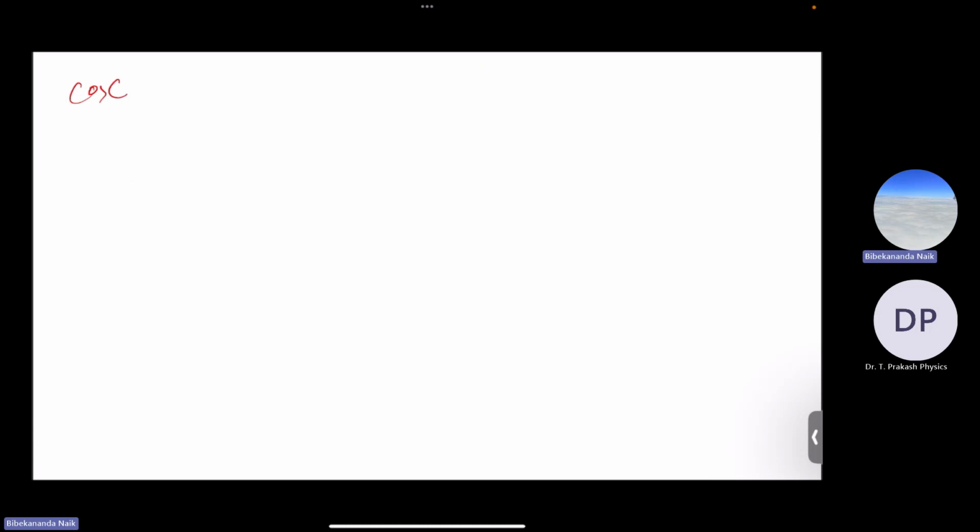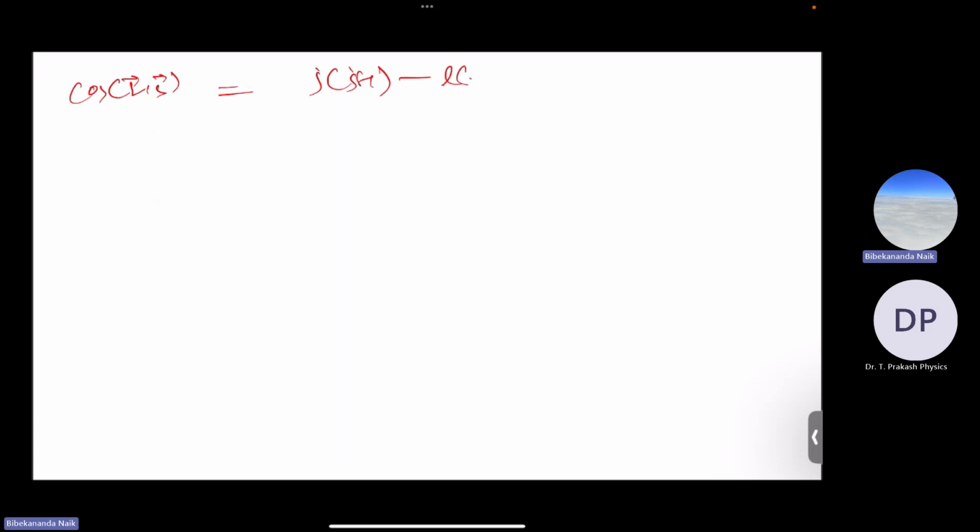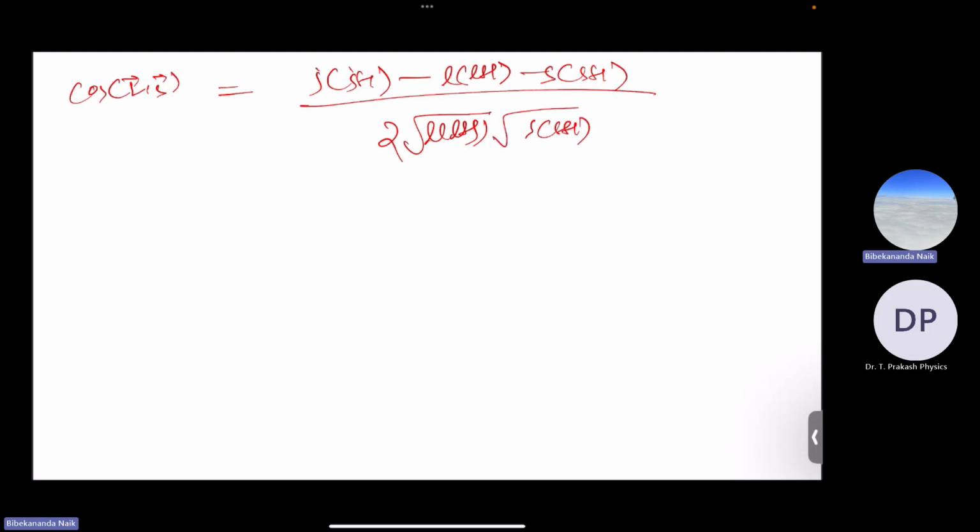So cos theta is J into J plus 1 minus L into L plus 1 minus S into S plus 1, divided by 2 root over L into L plus 1 and root over S into S plus 1.